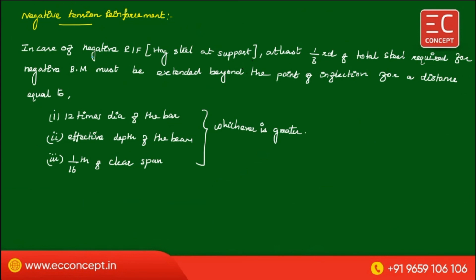In case of negative tension reinforcement, at least 1/3 of total reinforcement shall be extended beyond the point of inflection for a distance, whichever is greater of the following: 12 times the diameter of bar, effective depth of the beam, 1/16 of the clear span.